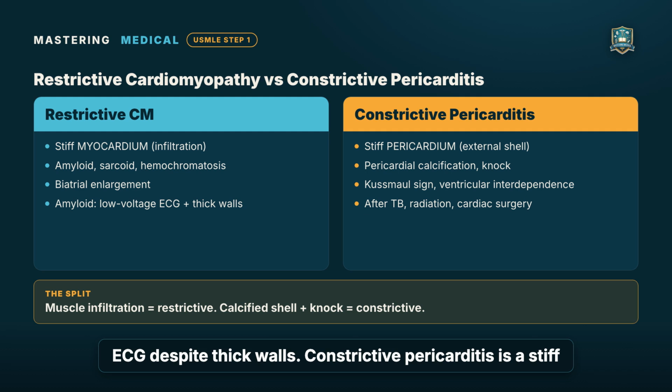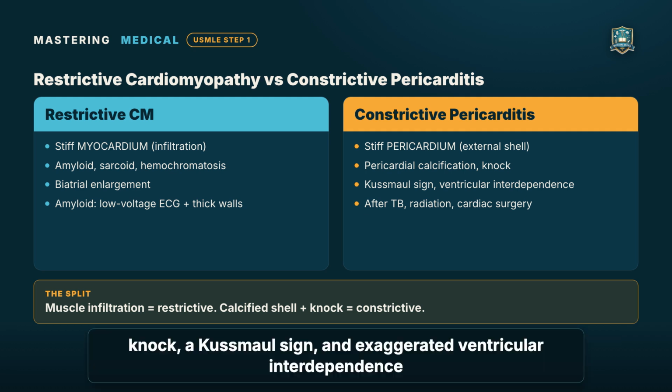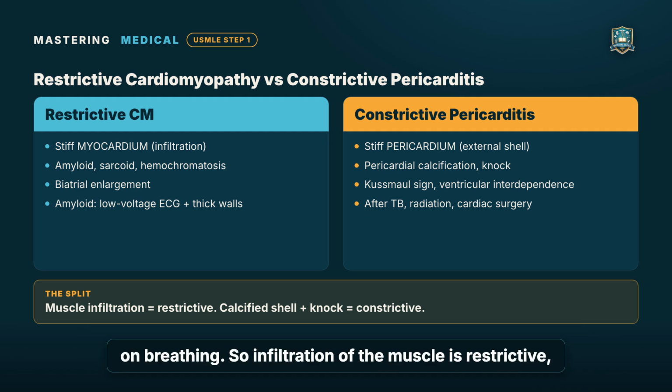Constrictive pericarditis is a stiff pericardial shell wrapped around a normal muscle, classically after tuberculosis, chest radiation, or cardiac surgery. Look for pericardial calcification, a pericardial knock, a Kussmaul sign, and exaggerated ventricular interdependence on breathing. So infiltration of the muscle is restrictive, while a calcified external shell with a knock is constrictive.